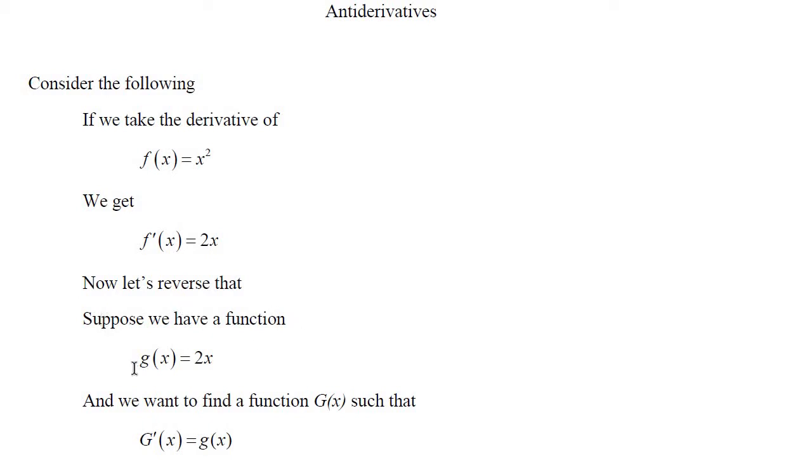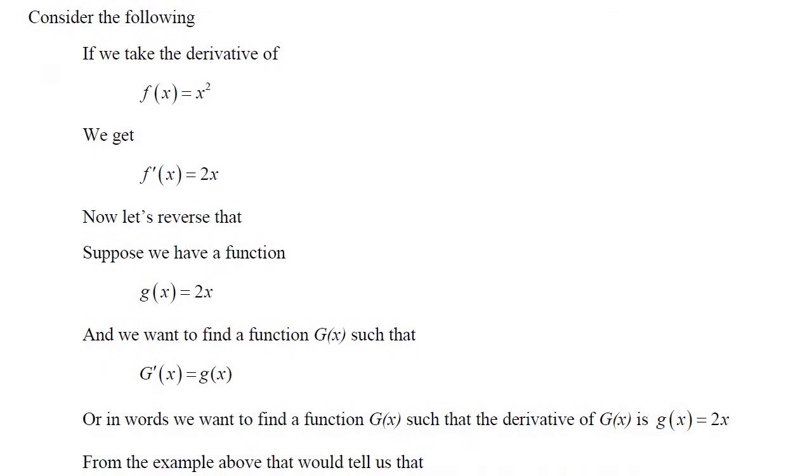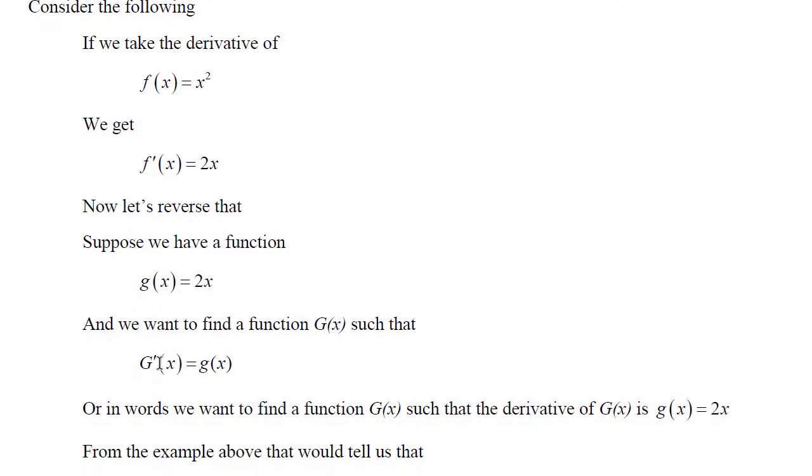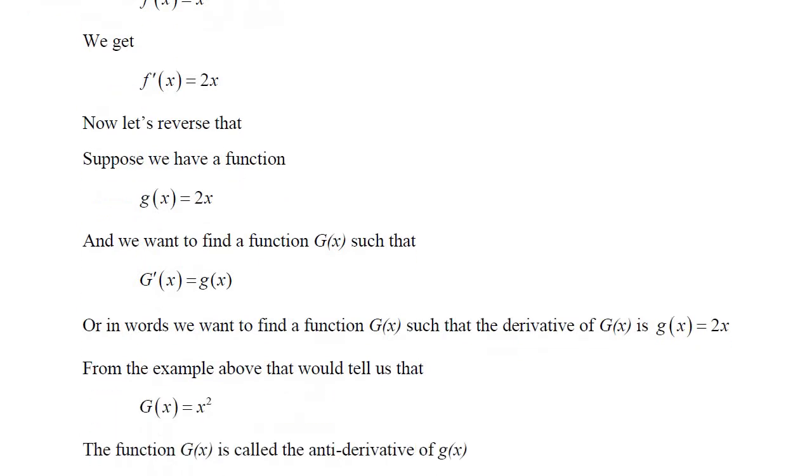Suppose we have the function little g of x equals 2x, and we want to find a function capital G of x such that its derivative gives me little g of x. In other words, its derivative is equal to 2x. From the previous example, we saw that capital G of x would be x squared.